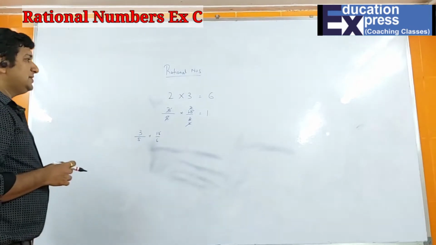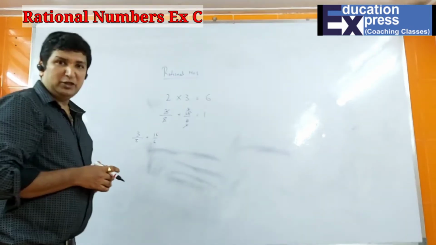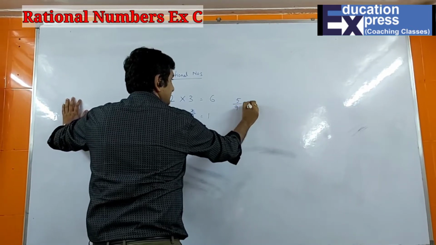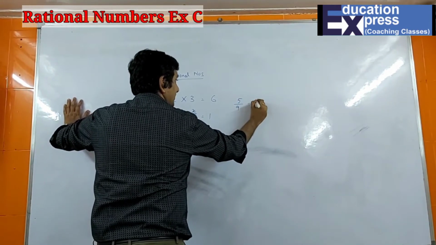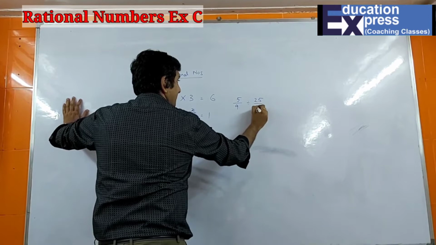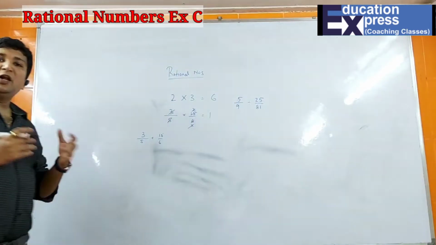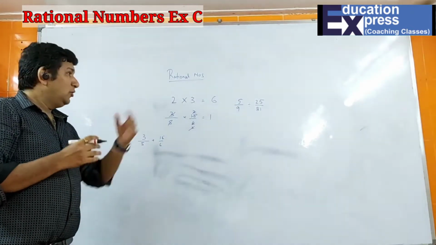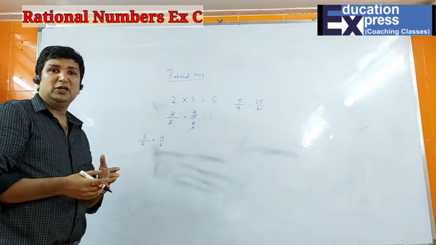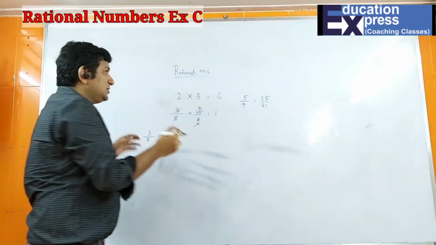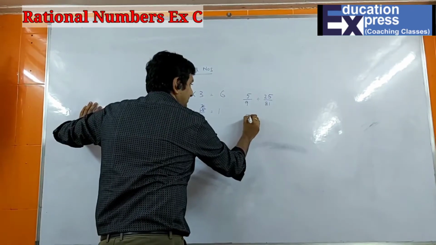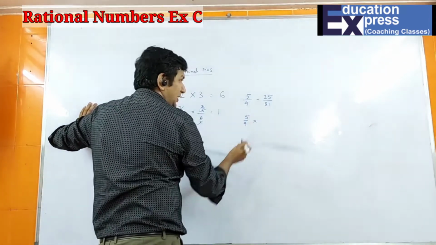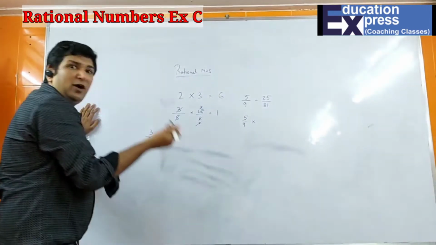Similarly, in the same example, here I have used multiplication. In case, let us say, I have something like this, where instead of multiplication I have used division. Same thing you have to continue, because in division you will not be able to solve the sum directly. So first you have to write 5 upon 9. Then this division you have to convert into multiplication.